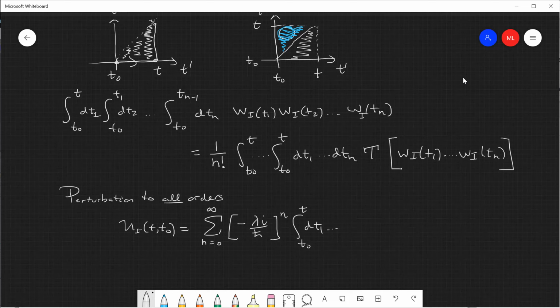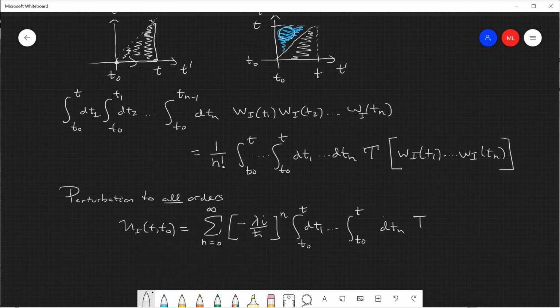The 0th order has no integrals. That's why you start with T1 here, but the n equals 0 term is just the identity. You pick up a bunch of these integrals, n of them, and sorry, this should be up to t. It's the same integral. So we're doing the time ordering trick.